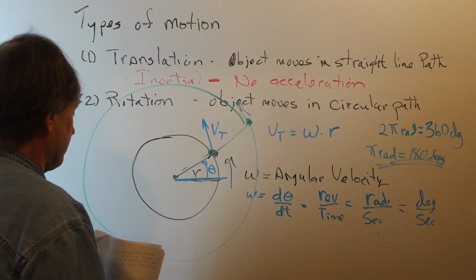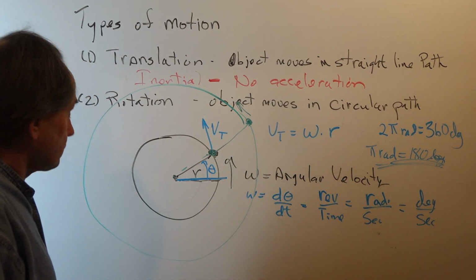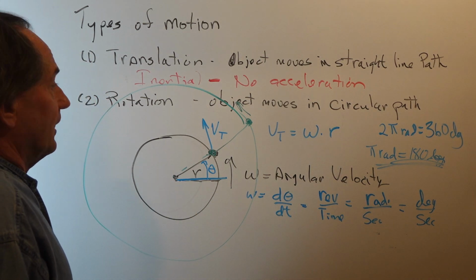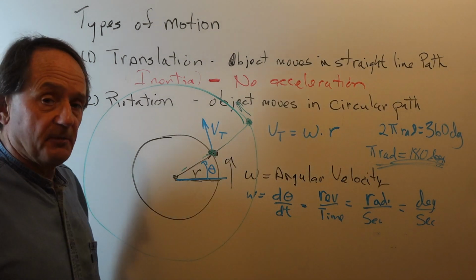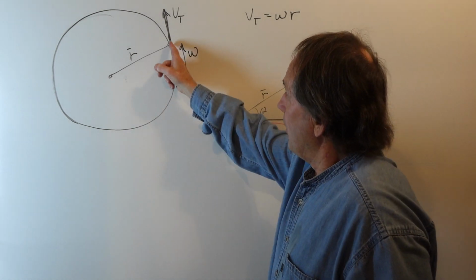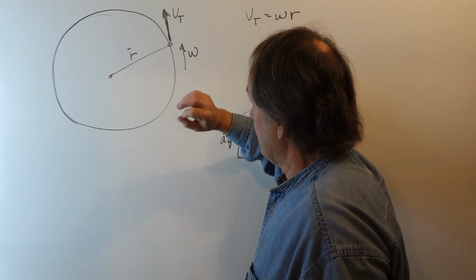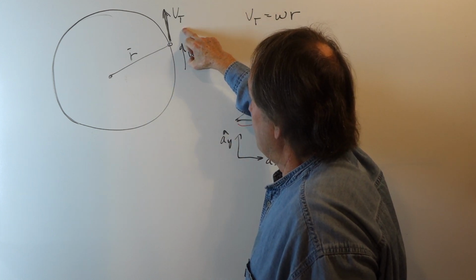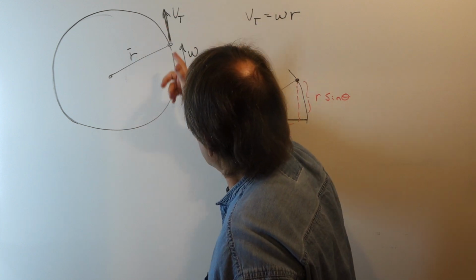Now, there's another parameter that we want to talk about, and that's accelerations, the centripetal acceleration. With our object moving around a circle, we said we have a velocity that we can attach to it that's tangent to the circle.